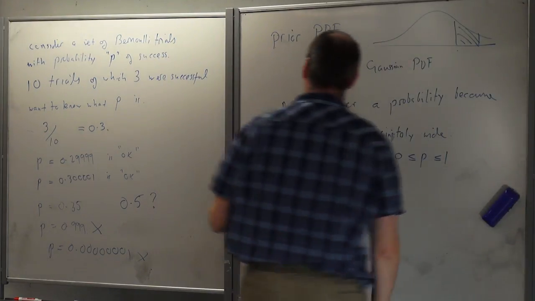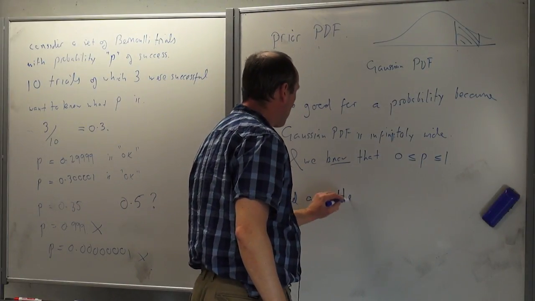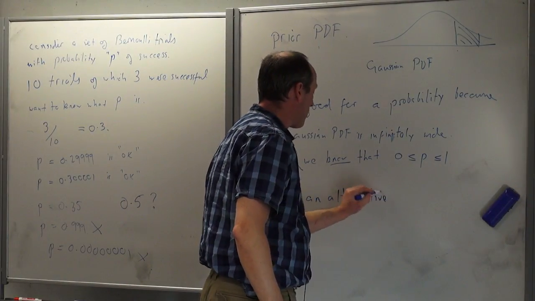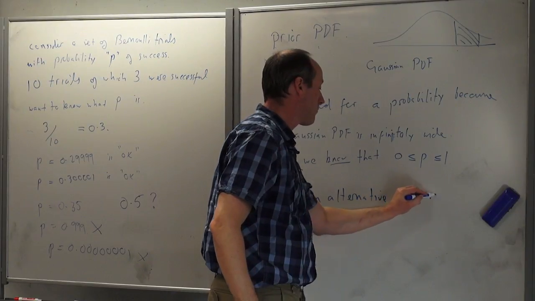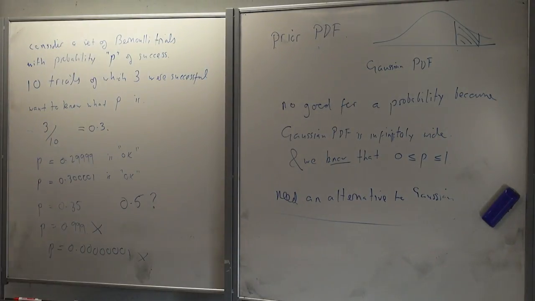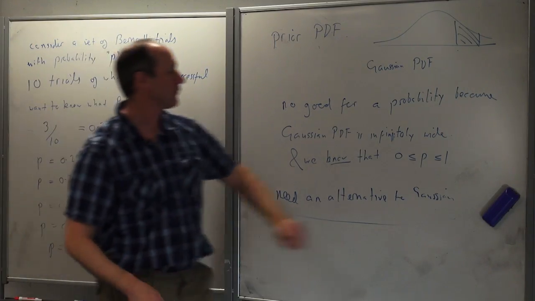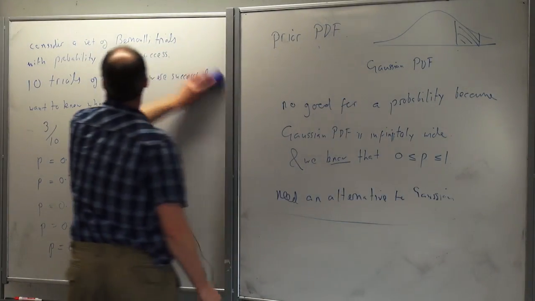We need an alternative to Gaussian. And what I'm going to do is I'm just going to give you this distribution, and I'm just going to see how it develops.